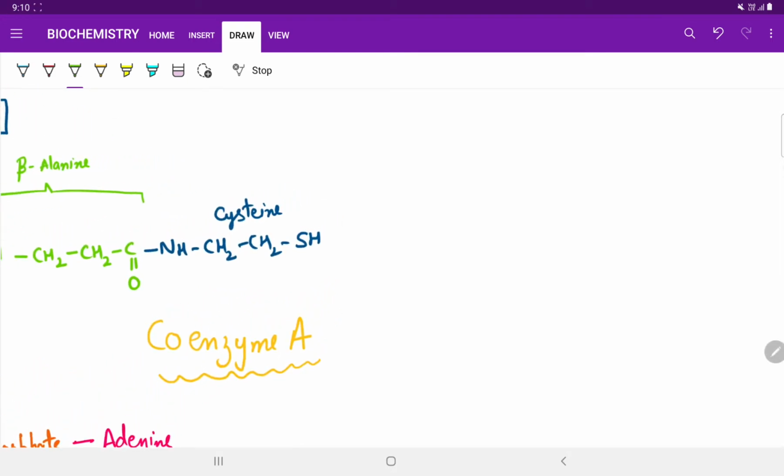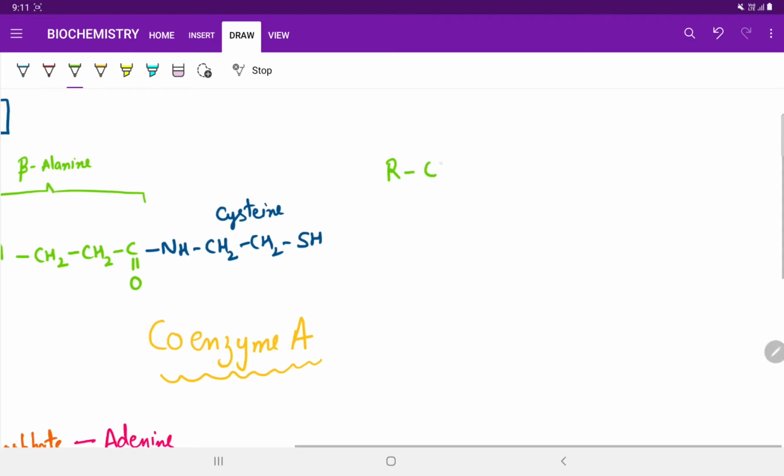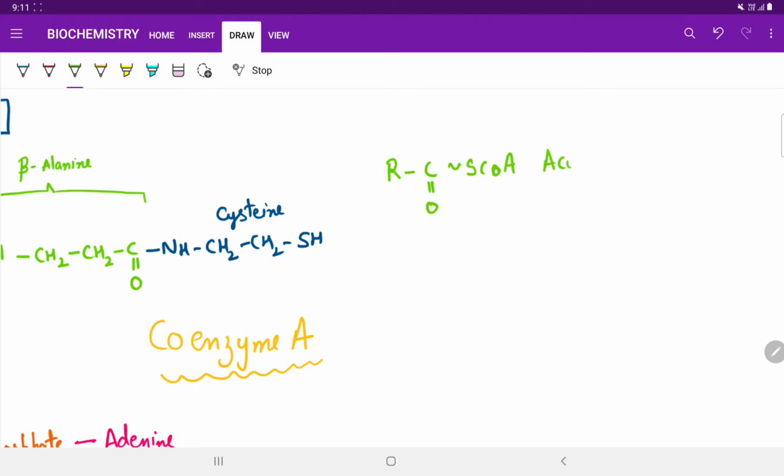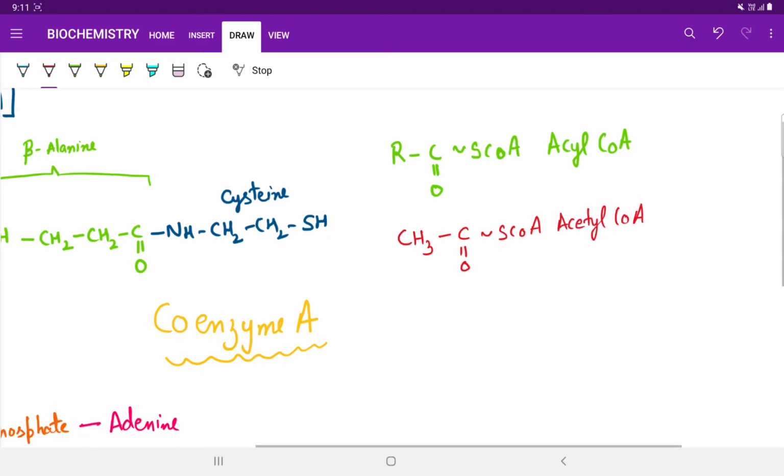First of all, let us take the example of acyl coenzyme A. This is the structure for acyl coenzyme A. Similarly, if the R group is a methyl group, then it becomes acetyl coenzyme A, a very important product that is used in many of the biochemical cycles.